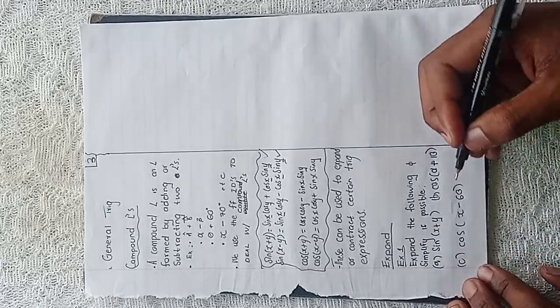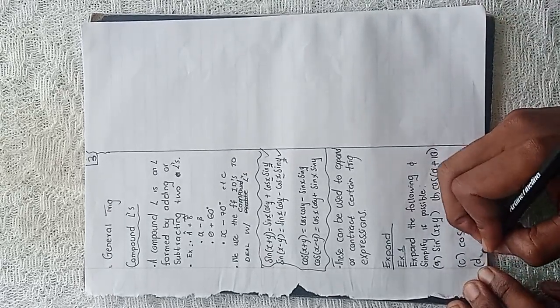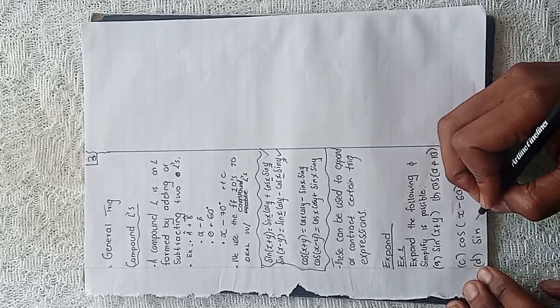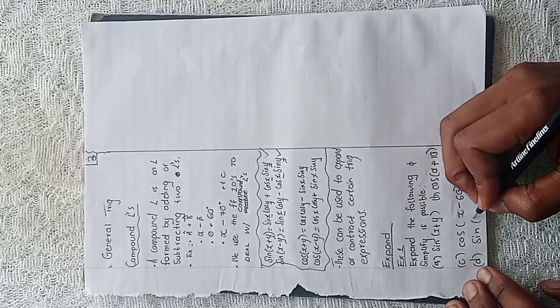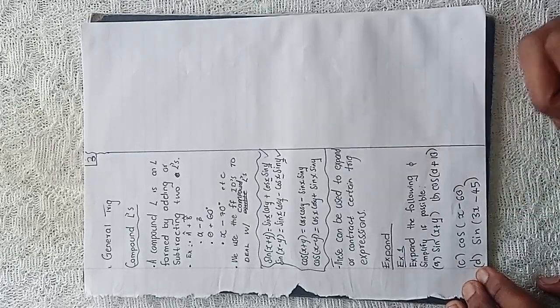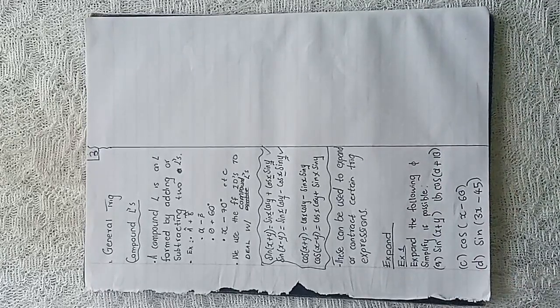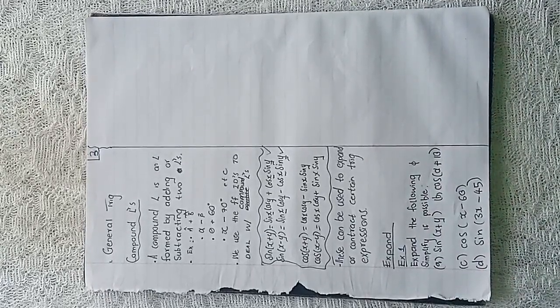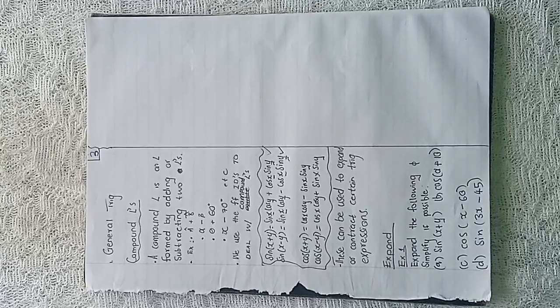And then D, we have sine of 3x minus 45. The question says expand the following and simplify if possible.